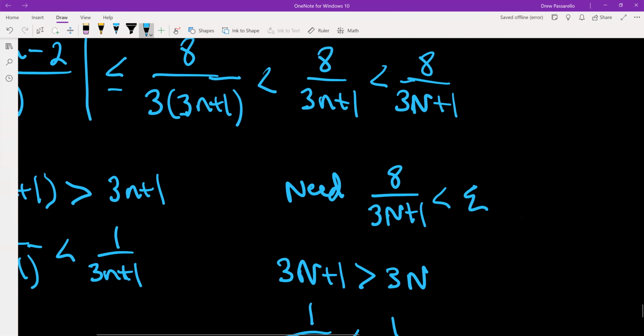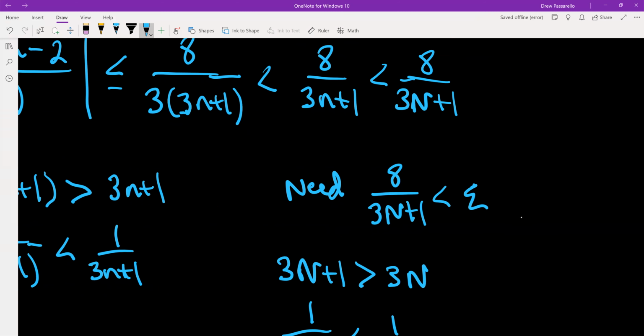So then 8 over (3n plus 1) is going to be less than 8 over 3n, since when you're dividing by a smaller number, the quantity is going to be bigger than if you're dividing by a bigger number on the bottom. So really, I simplify it even more. Instead of saying 8 over (3n plus 1) to be less than epsilon, you really just need 8 over 3n to be less than epsilon.